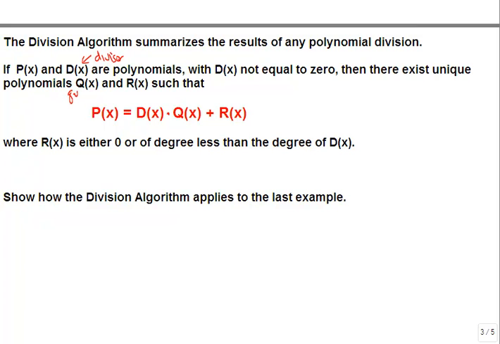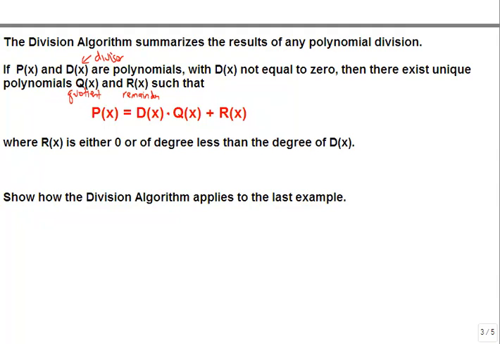Q of x is going to stand for our quotient, and r of x is going to stand for our remainder, such that p of x, the original polynomial, equals the divisor times the quotient plus the remainder. And that remainder will either be 0 or it will be of degree less than the degree of the divisor. So this is a formal way of writing out what the division algorithm really means.